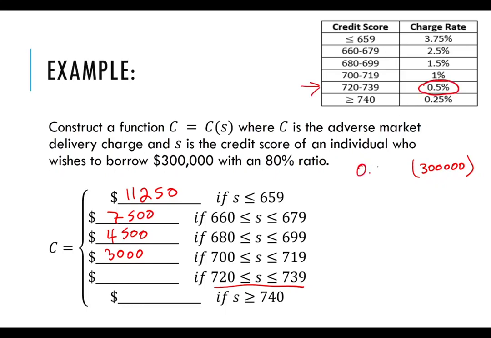That is 0.005 times 300,000, which really gives us $1,500. Then for a credit score of 740, we use the charge rate of 0.25% or 0.0025 times 300,000, which is going to give us a charge of $750.